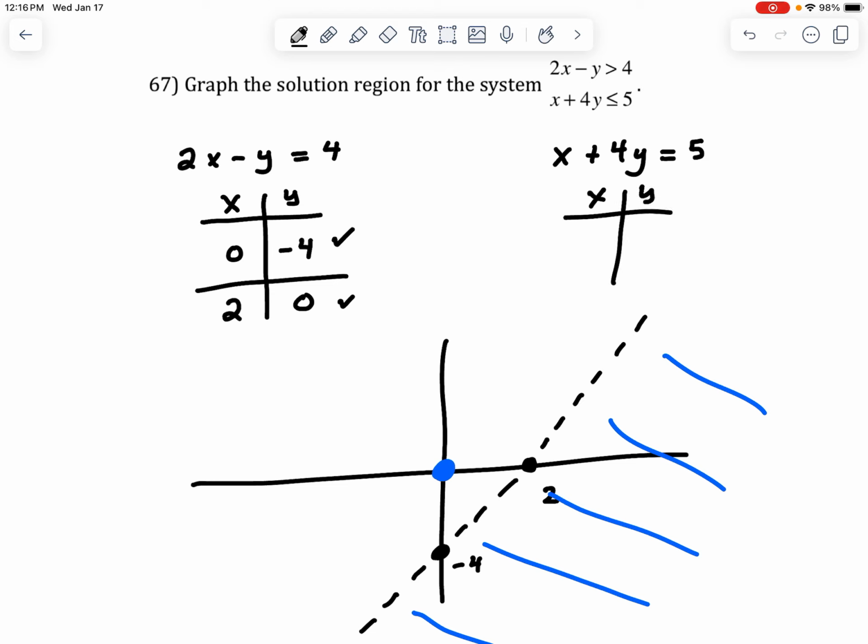If x equals 0, then x would be gone, and then just divide, and we get y equals 5 divided by 4. And then I need another point. If I put y equal to 0, then this would be gone, and it would say x equals 5.